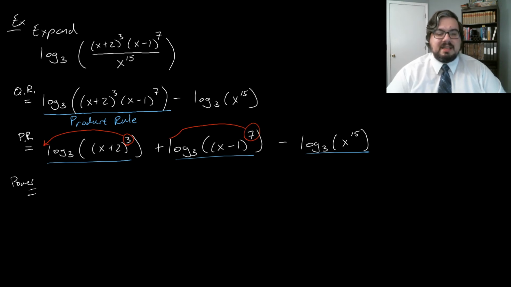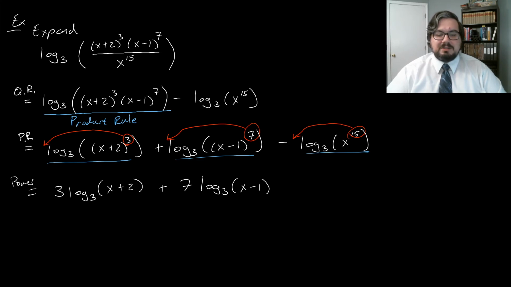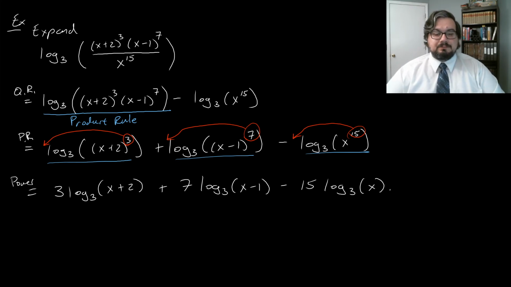We can take this 7 and bring it down in front of the logarithm. Take this 15, bring it down in front of the logarithm to get 3 times log base 3 of x plus 2 plus 7 times log base 3 of x minus 1 minus 15 times log base 3 of x.